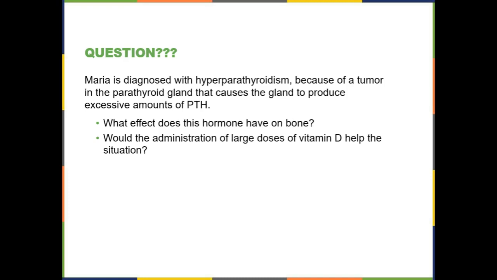The second question, this is where we're applying information: would administration of vitamin D help? So do we want to add vitamin D, maybe give her a drip with vitamin D solution? Or is that not going to benefit her?